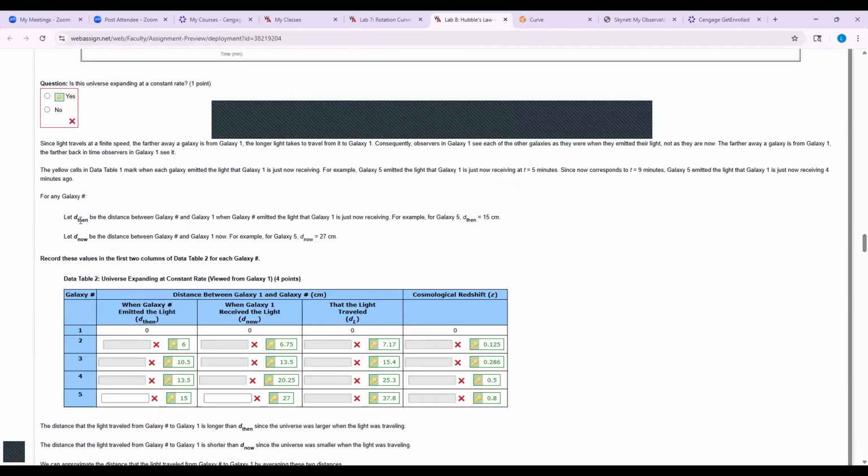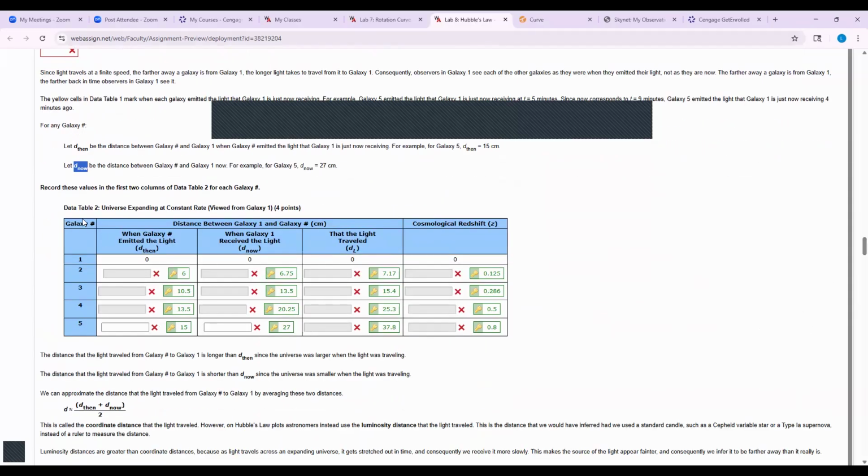Okay. Therefore, here, as I mentioned, what do D then and D now mean on the table that we have? For the second table, we're going to use the view from galaxy 1. It means the distance between galaxy 1 and different galaxies, we're going to check here.